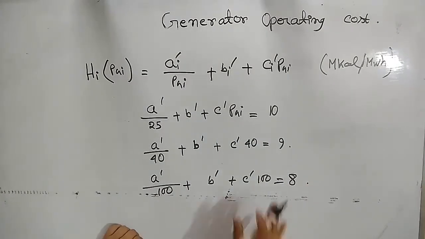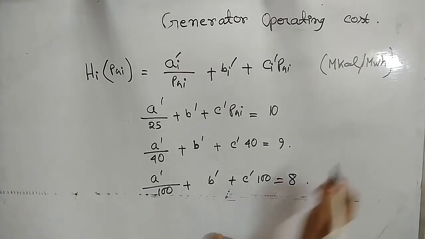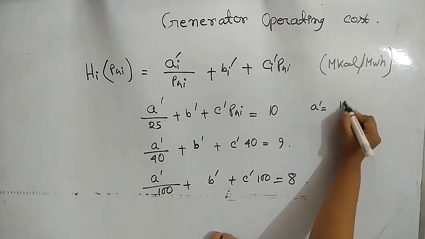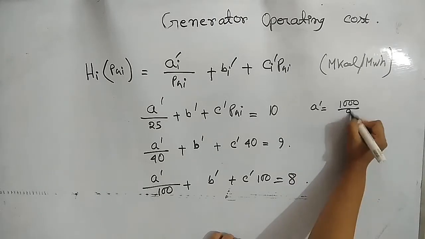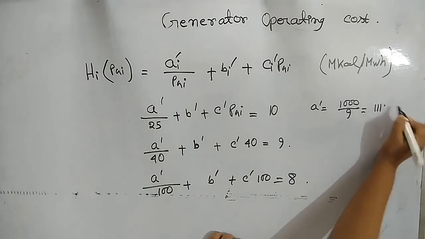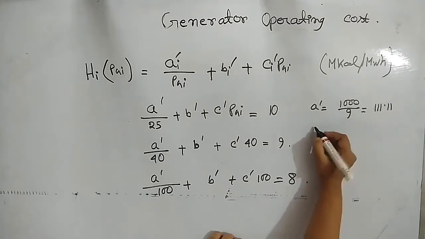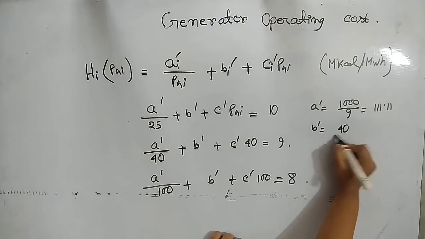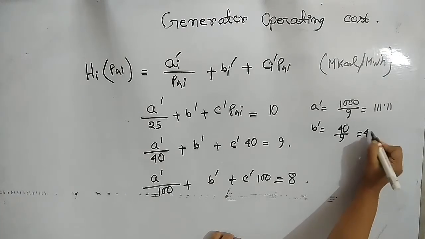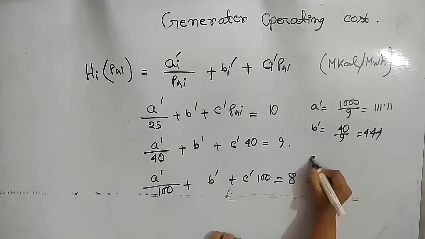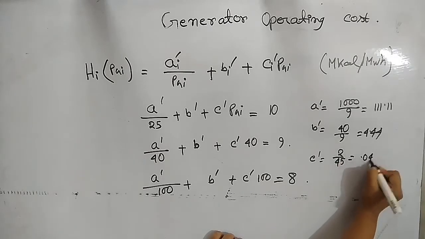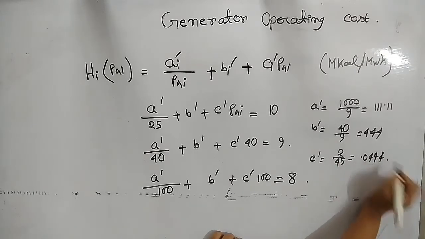So by solving these equations, we get the value of A dash equals to 1000 by 9 equals to 111.11, B dash equals to 40 by 9 or 4.44, and C dash equals to 2 by 45, that means 0.0444.